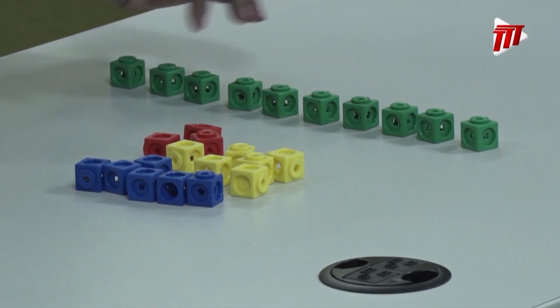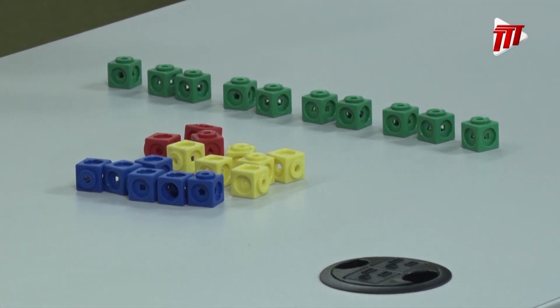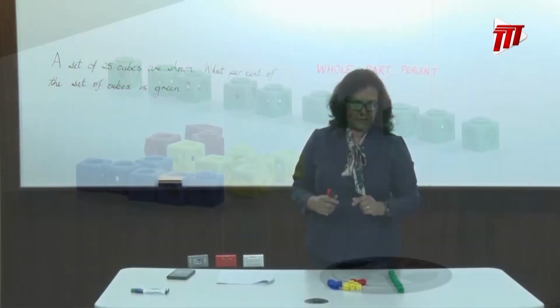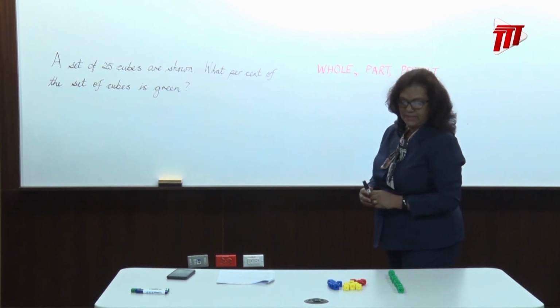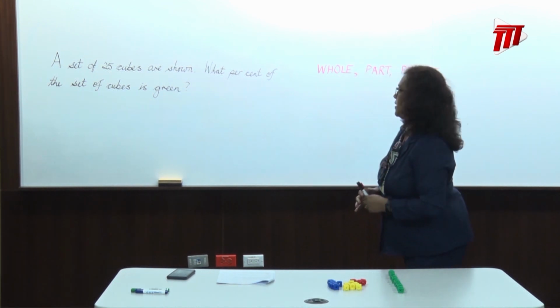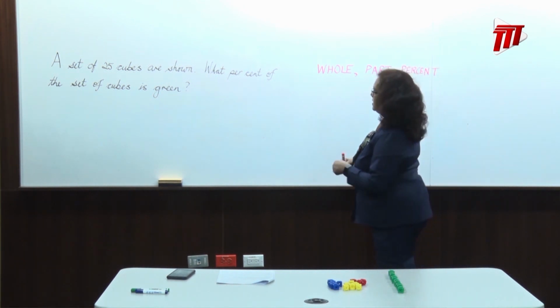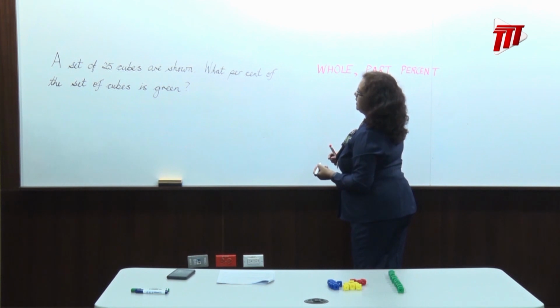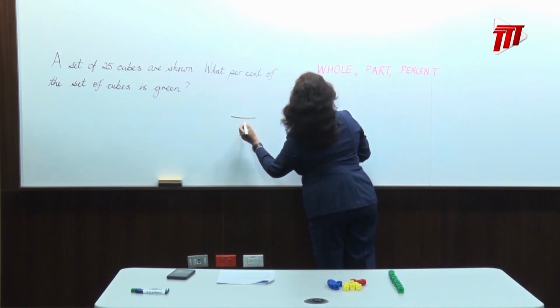So I have 10 green cubes. So I want to represent the 10 green cubes as a percentage of the whole. So let me identify what is my whole. My whole is 25.